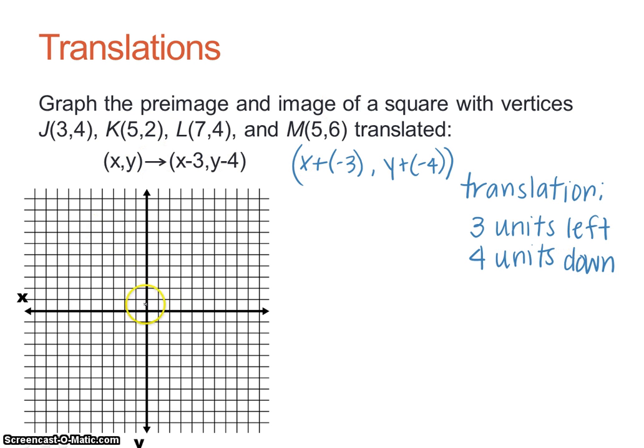So if we look at our coordinate grid, we can plot our vertices. So we go (3, 4). And this is our J. We'll go (5, 2).